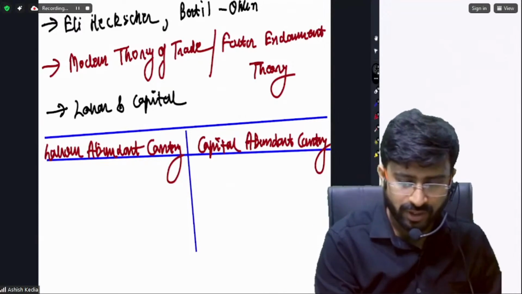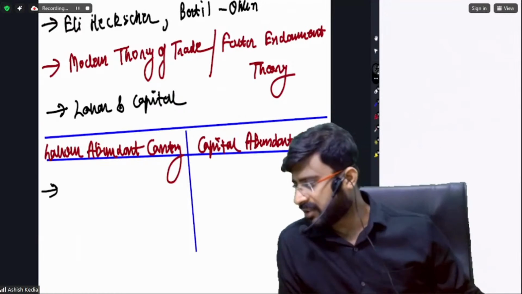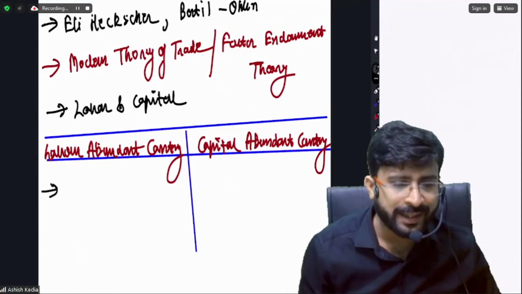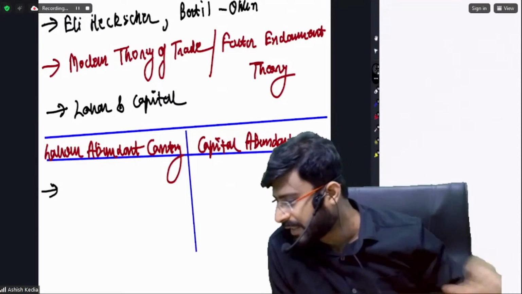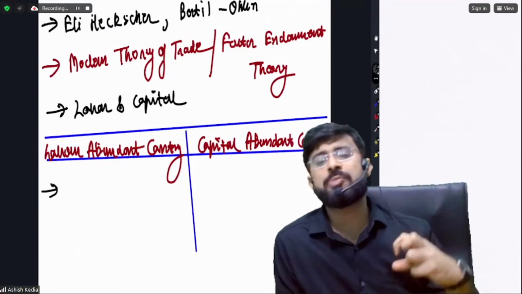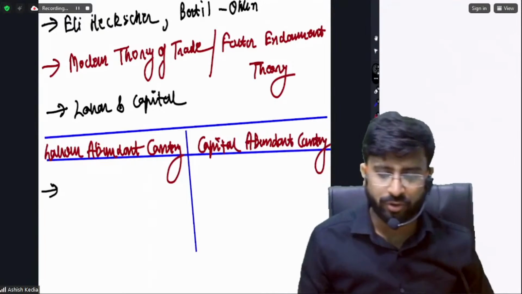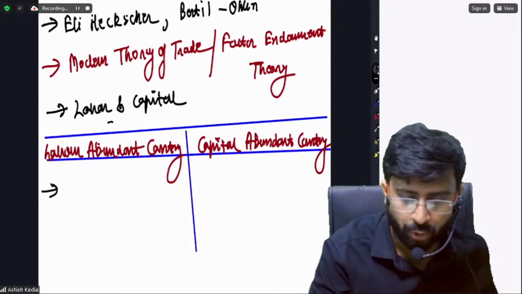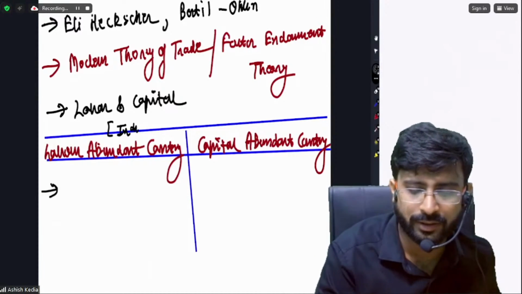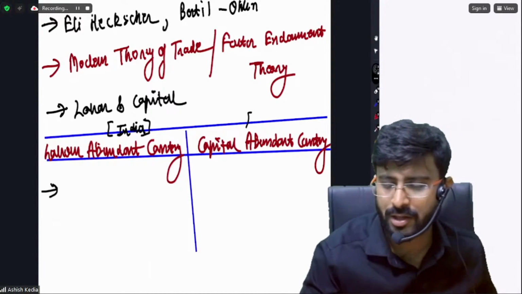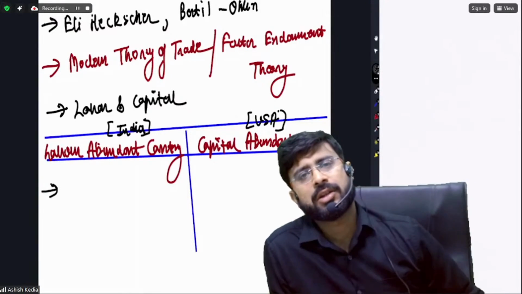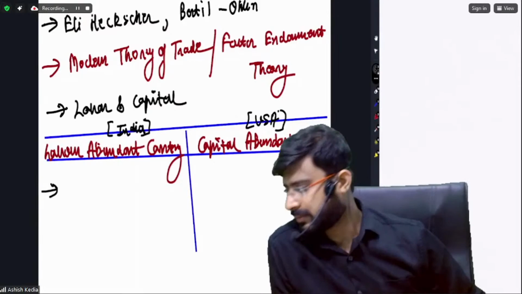Please listen carefully. If a country is labor abundant, then it is cheaper to produce labor intensive goods, because it is a labor abundant country like India. You can take the example of India. And a capital abundant country example is USA.